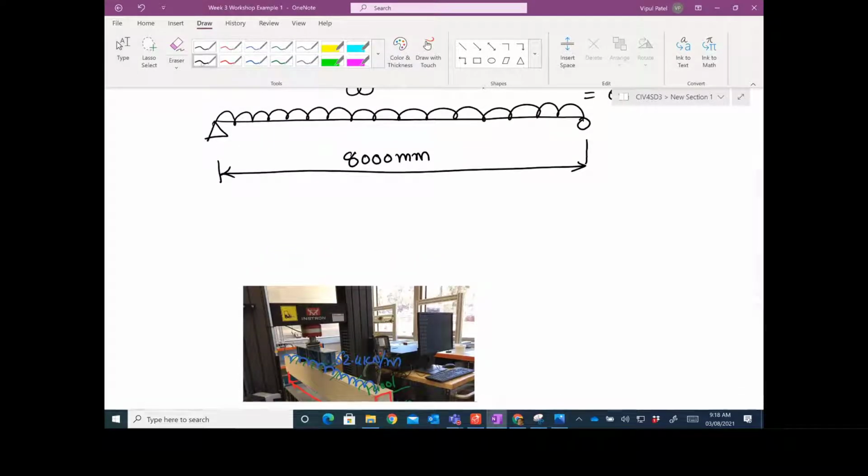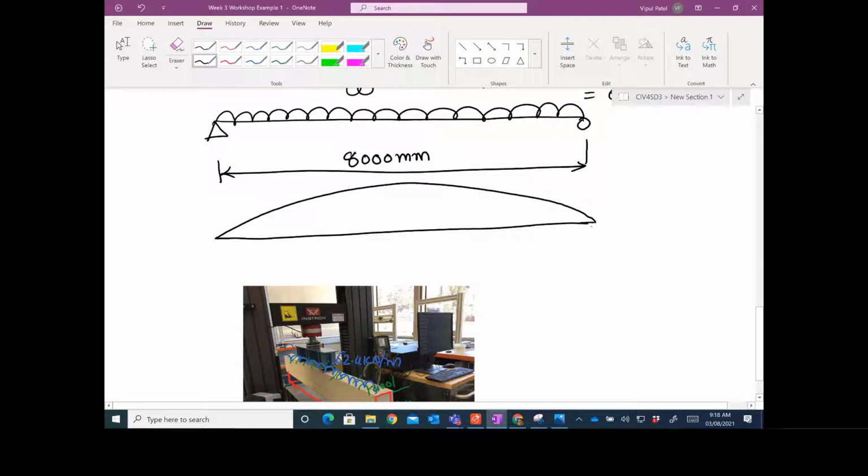Now, next steps. Let's say I want to draw the bending moment diagram. I think you've done the bending moment diagram many times.